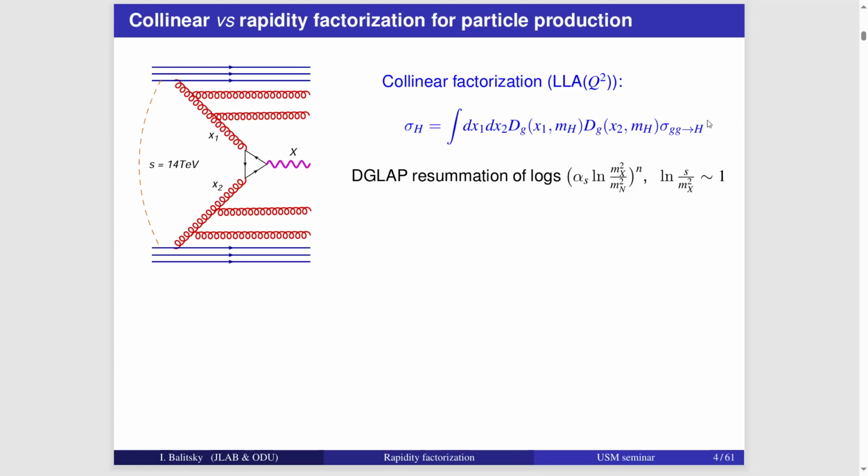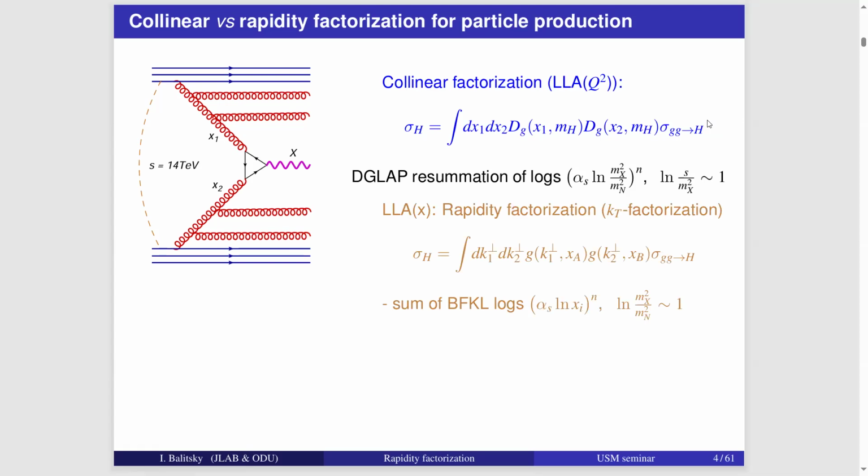Here the diagram corresponds to Higgs production by gluon fusion. What collinear factorization does is resum the logarithm of the mass of this particle divided by the mass of the nucleon, assuming that the log of the overall energy to the mass of this particle is of order 1.